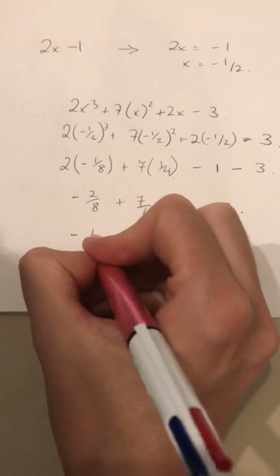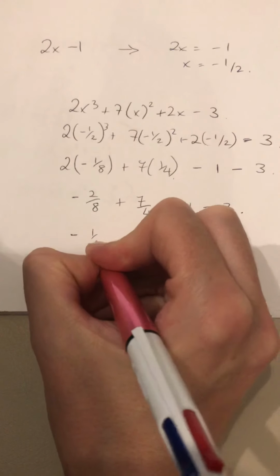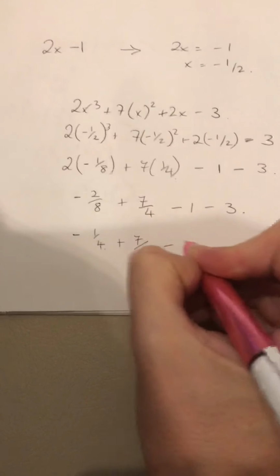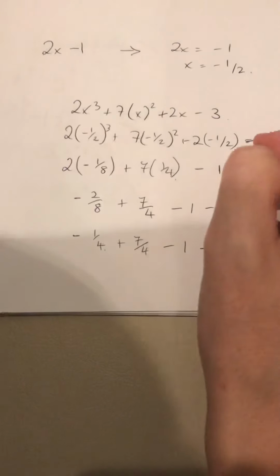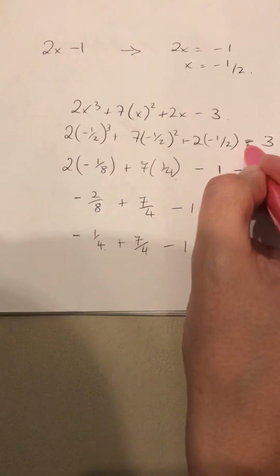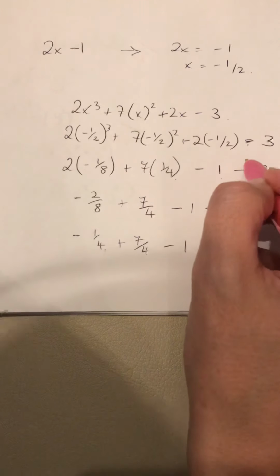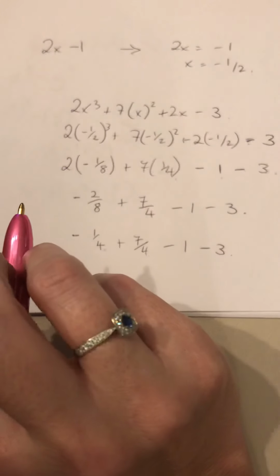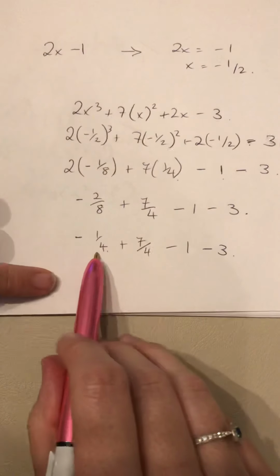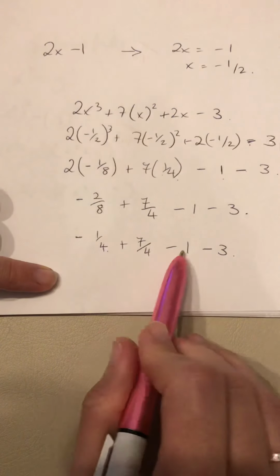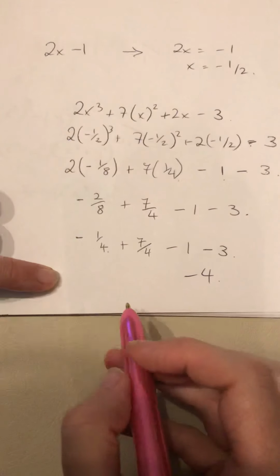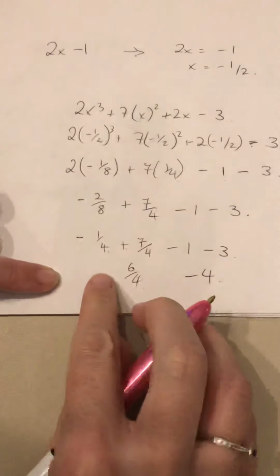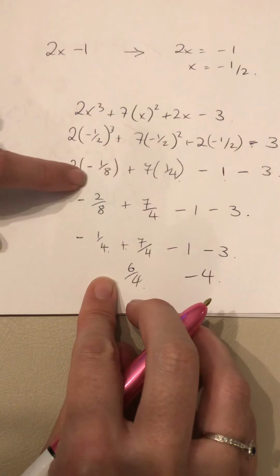So that gives me minus a quarter plus 7 over 3 plus 7 over 4 minus 1 minus 3. And so that gives me minus 4. And that gives me 6 over 4. So I've made some sort of small error here, maybe.